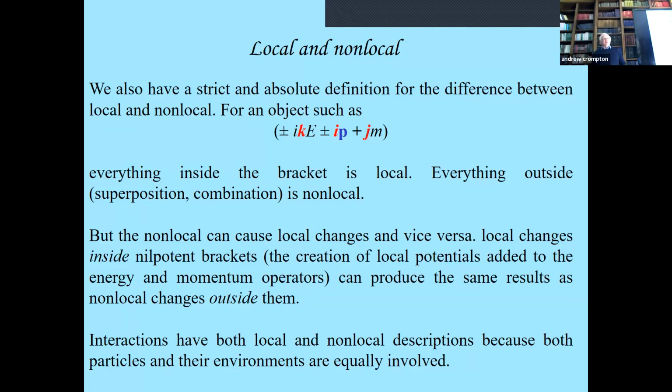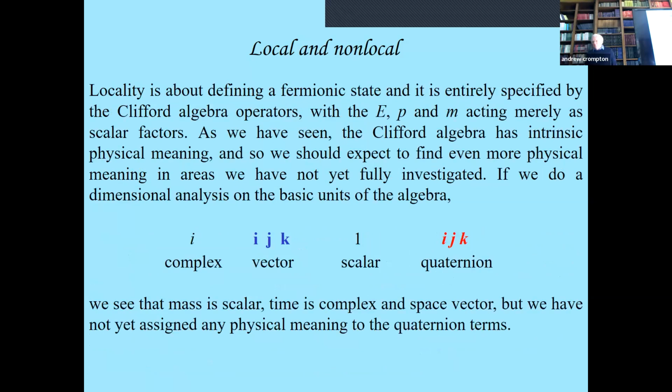If you put something in E or P, it changes it, and that changes the local term. And that will change the vacuum which it interacts with. And the other way around can happen and will happen, as we will show. So you have to have local and non-local descriptions, because both particles and environments are equally involved, which of course is what makes calculation a lot easier, because you've got two lots of information.